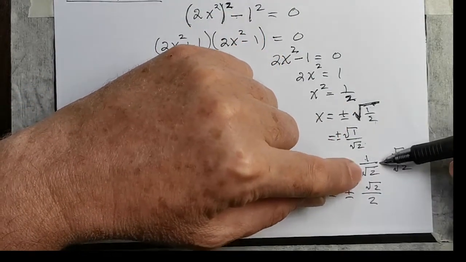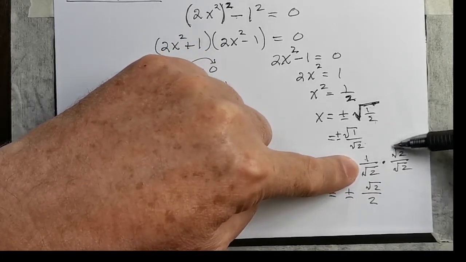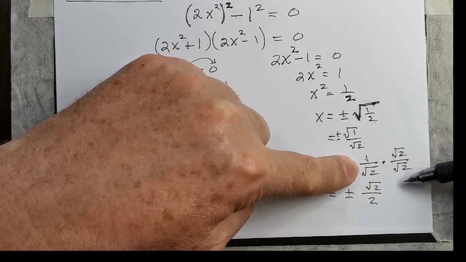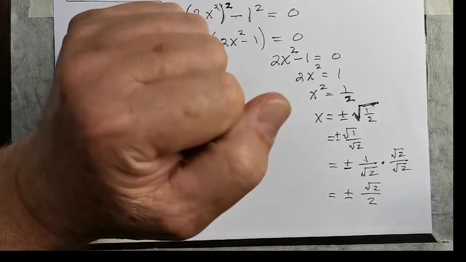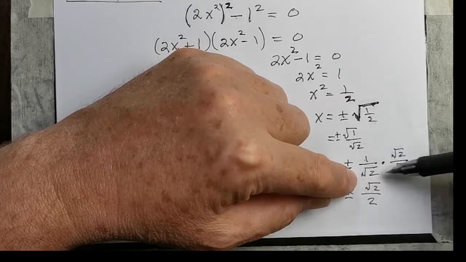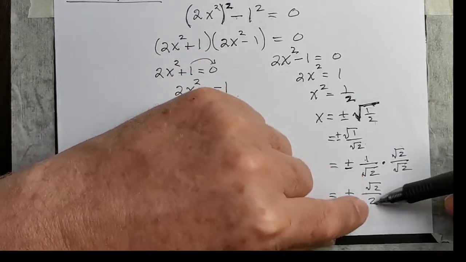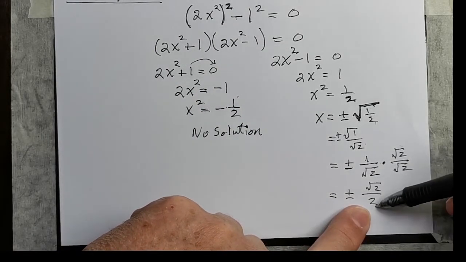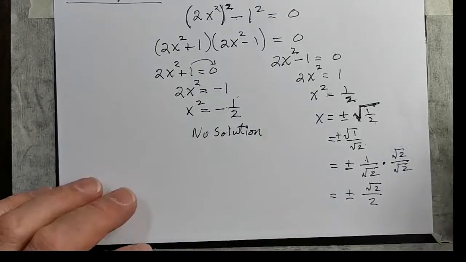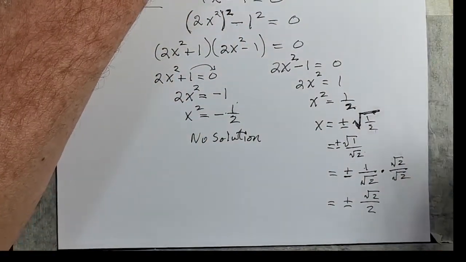The way you get rid of it is multiplied by the number 1, like this. And notice that it's square root of 2 over square root of 2. And that gets rid of the radical in the denominator because square root of 2 times square root of 2 is just 2. So it ends up being plus or minus the square root of 2 over 2. Okay, that's kind of cool.